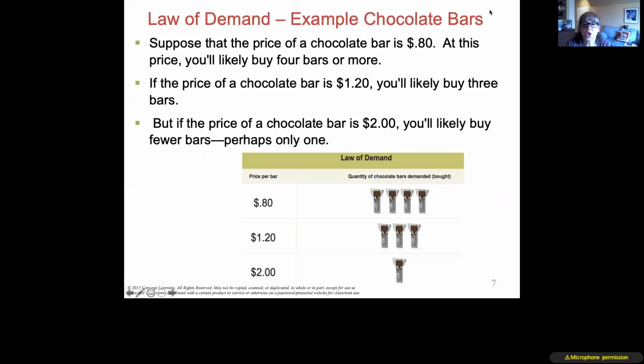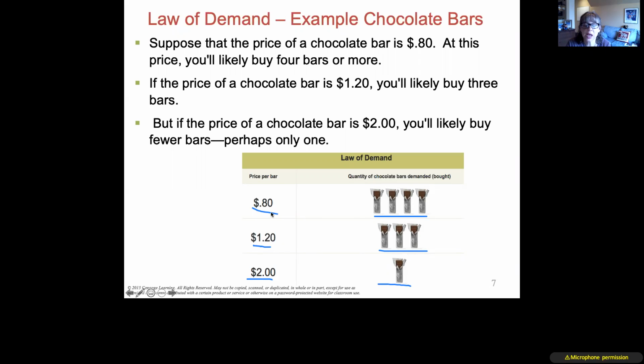This particular chart below, right here, is showing the law of demand. It's saying at 80 cents, you buy 4. At $1.20, you buy 3. At $2, you buy 1. This is your demand chart. It's saying at each price, what quantity are you willing to buy?